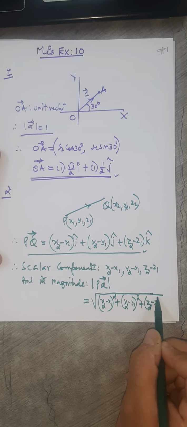If I add these two, what will we get? 3 i cap plus j cap. This is nothing but the resultant vector, right? 3 i cap plus j cap. Okay, that's the resultant vector. So how do we get this? You need to recall the standard result. So I'll write here the required vector. I want a vector that is in the direction of this, with magnitude equal to 5.